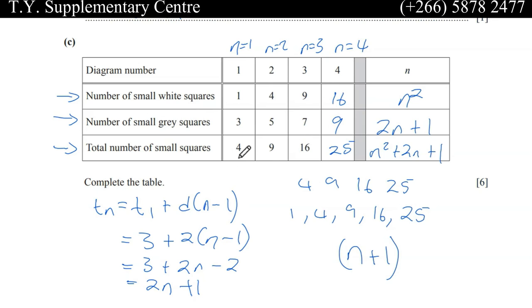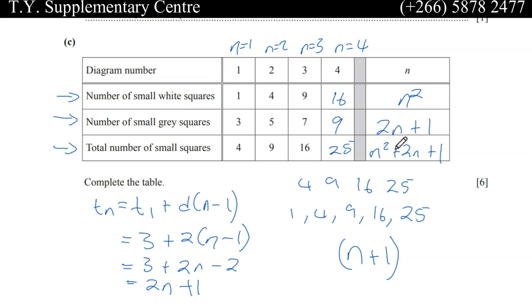So instead of saying 1 squared here, we say the number that comes after 1, which is 2. Meaning, if this is n, to get the next one, we say plus 1, since the term numbers are actually counting numbers, that is, they succeed each other, like 1, 2, 3, 4, and so on.